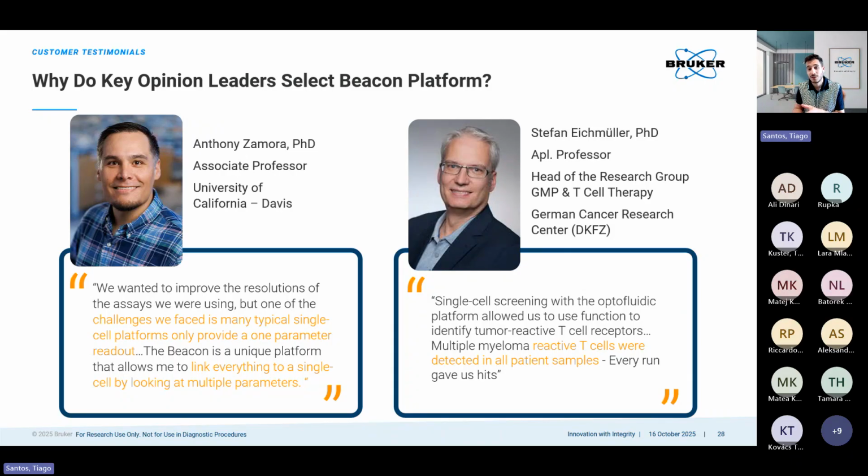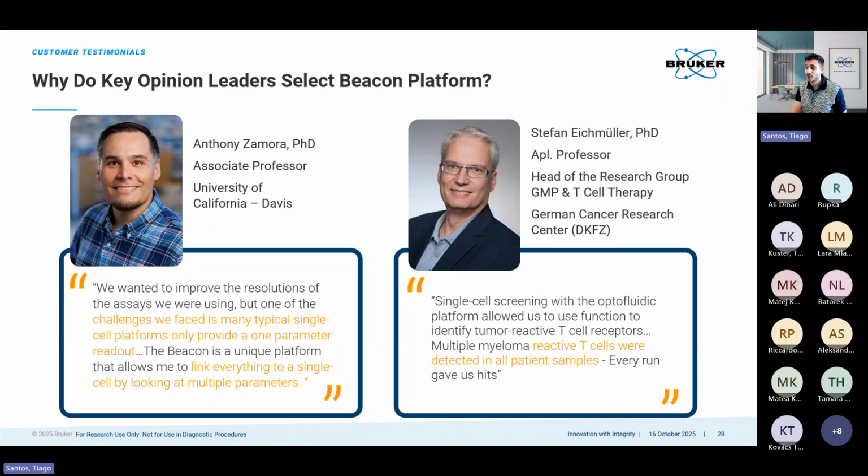And the highlight he gave of the platform is this ability to, with just a sample, focus on the single cells to get multiple functional parameters and readouts that better qualify the potency of cell products. And he also highlighted the robustness of the data, of course, because instead of going to different platforms, you're collecting all of this data from a specific one.